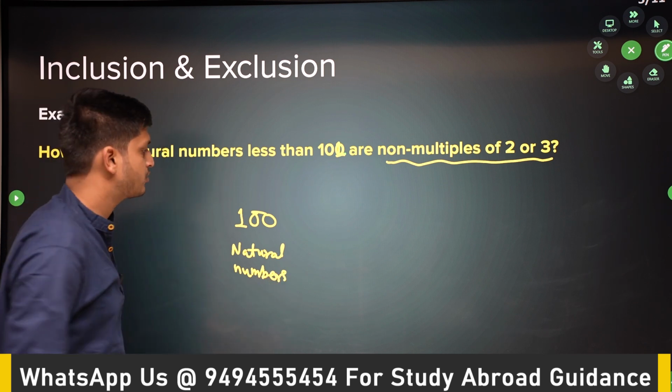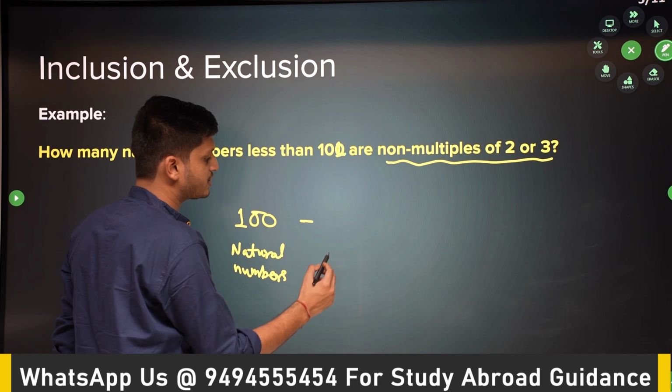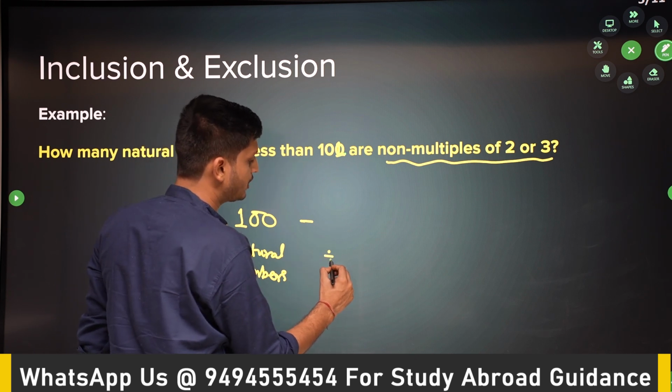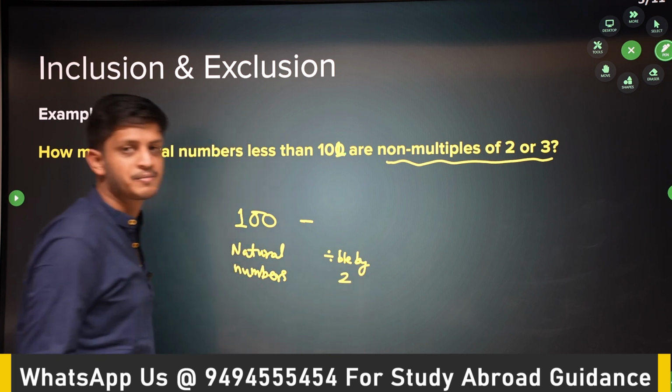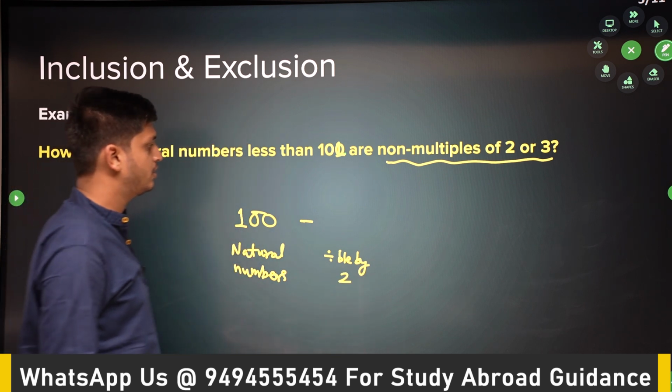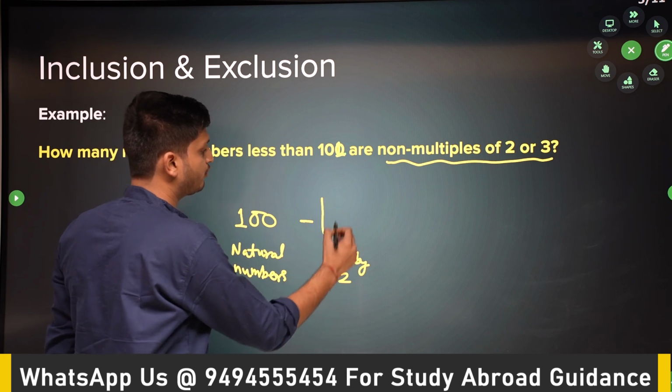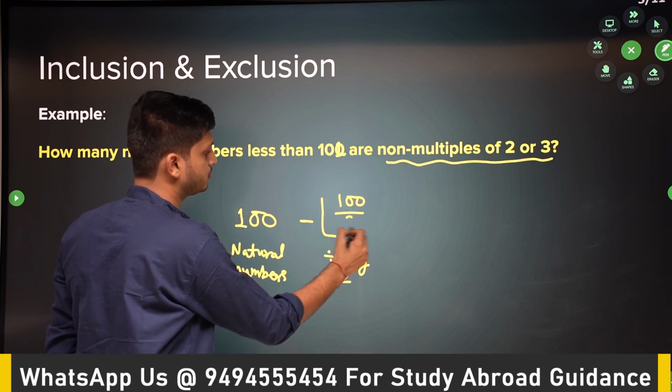Okay. So I will subtract all the numbers which are divisible by 2 and by 3. Let's subtract all the numbers which are divisible by 2. So how many numbers will be divisible by 2? Floor of 100 by 2.